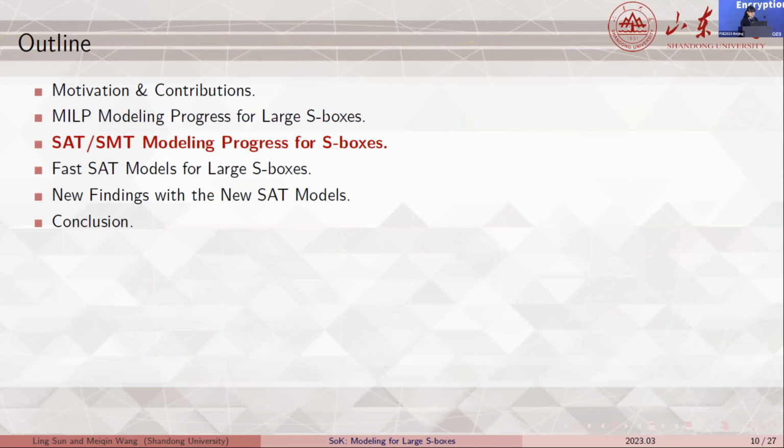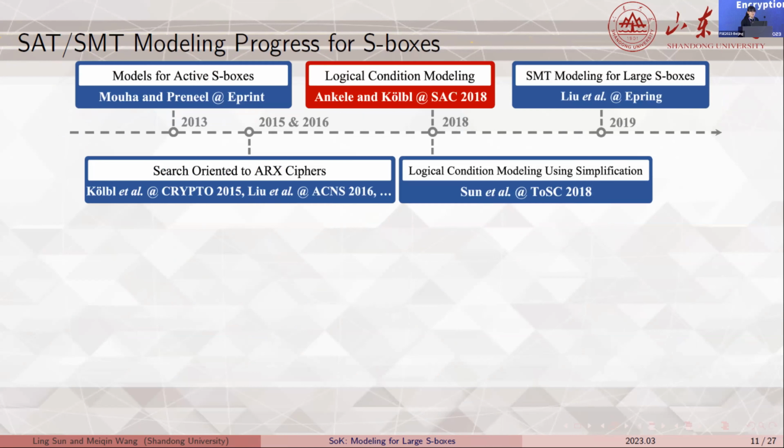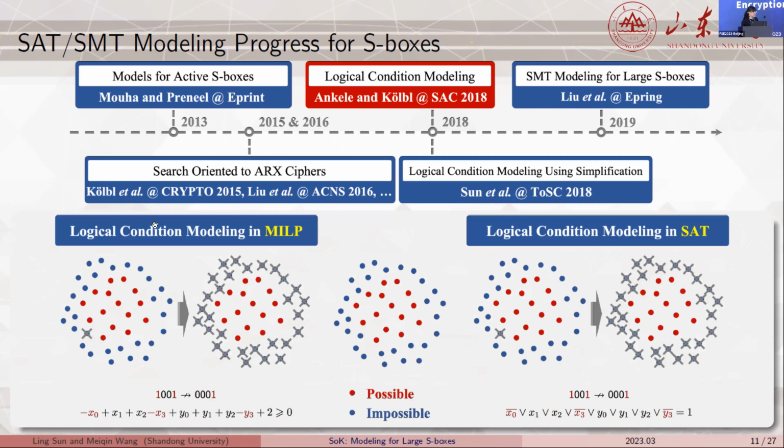Now we briefly review SAT or SMT modeling progress for S boxes. The use of SAT for the search of distinguishers in cryptography was first introduced by Mouha and Preneel in 2013. This work and the following works mostly focus on the search oriented to ARX ciphers. The S-box model proposed by Sun et al. is very similar to the logical condition modeling in MILP.